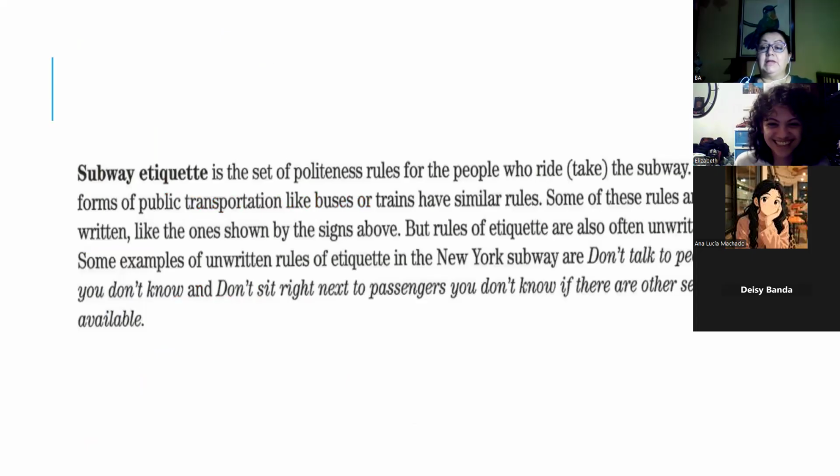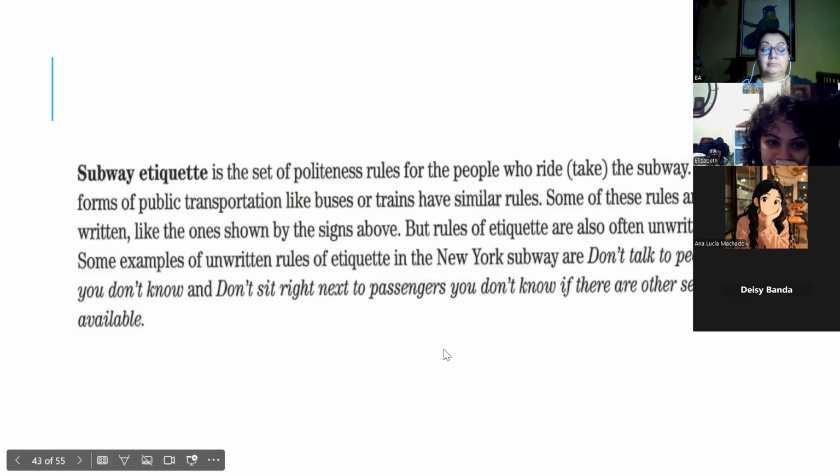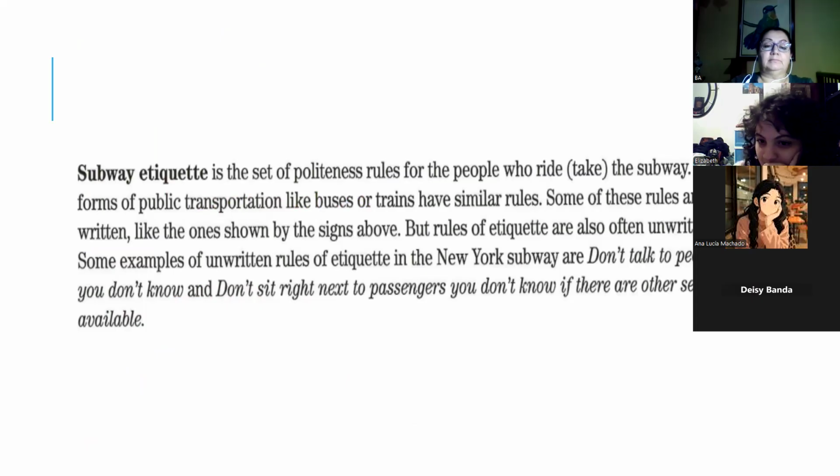Okay, subway etiquette. Let's see if we have a volunteer to read. Me, teacher. Please, Ana Lucia, thank you. Subway etiquette is the set of politeness rules for the people who take the subway. Other forms of public transportation like buses or trains have similar rules.